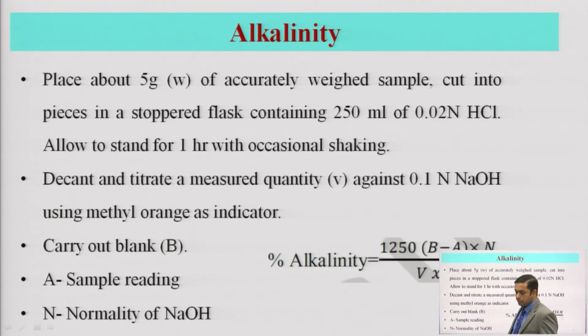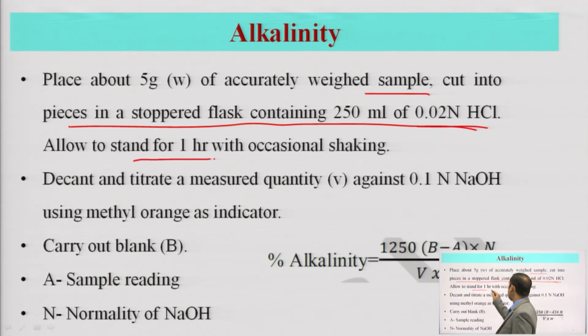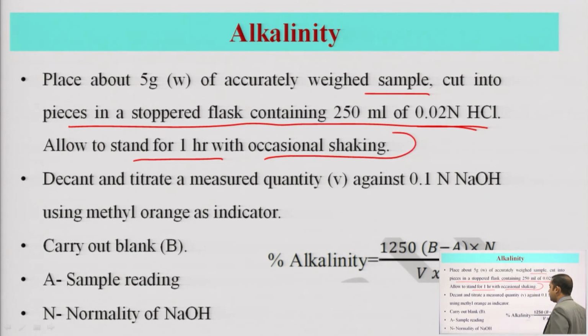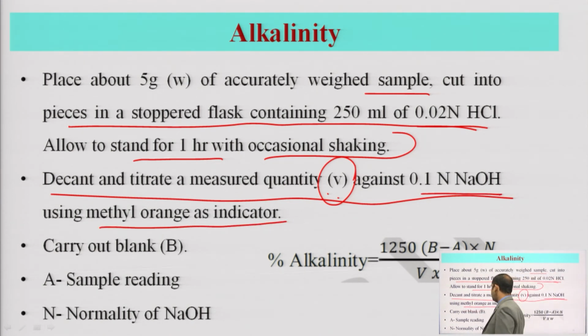Place 5 gram of accurately weighed sample, cut into pieces, in a stoppered flask containing 250 ml of 0.02 normal HCl and allow to stand for 1 hour with occasional shaking. Decant and titrate a measured quantity, that means volume V, against 0.1 normal NaOH using methyl orange as an indicator.